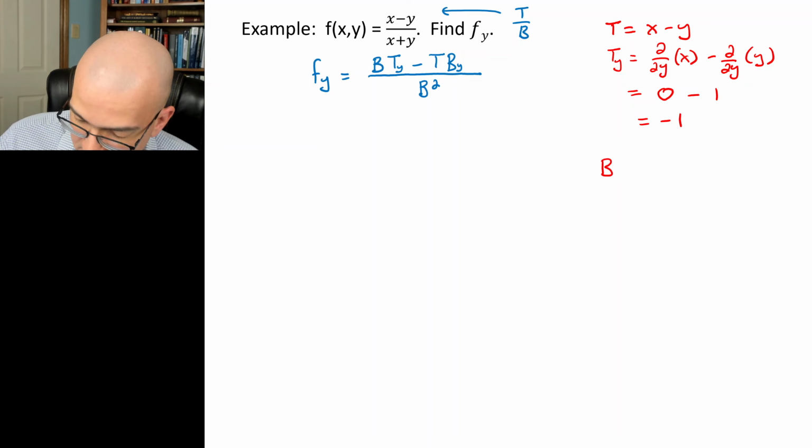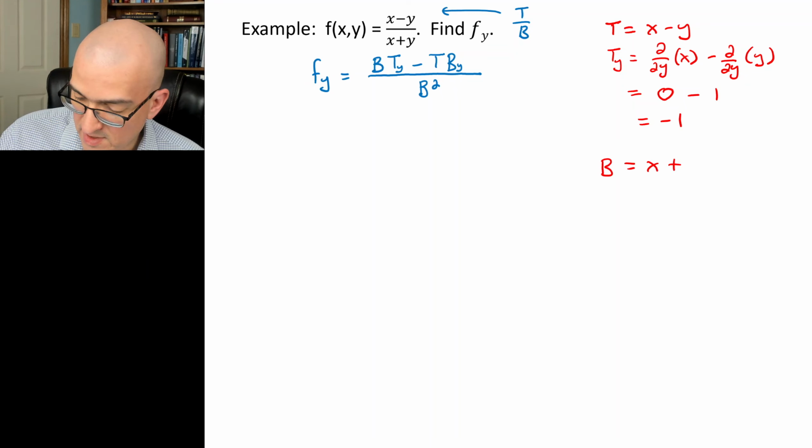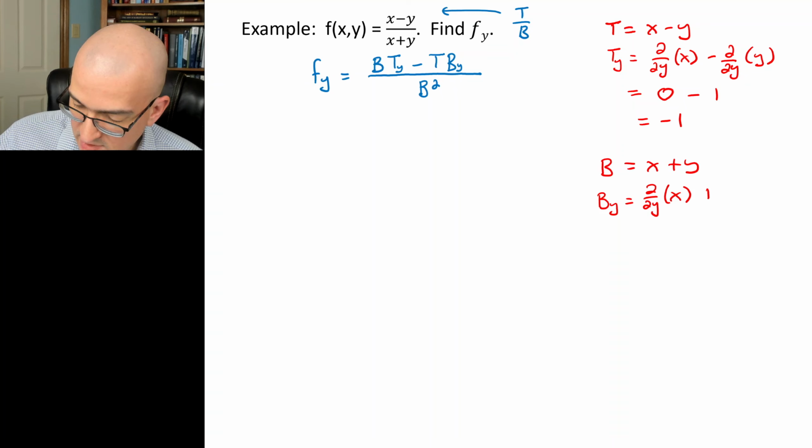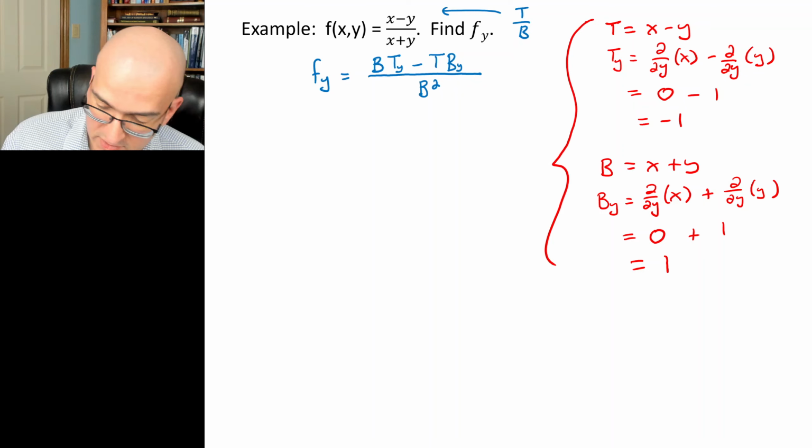And our bottom function is x plus y. So b sub y is going to be the y derivative of x plus the y derivative of y. The y derivative of x is 0. The y derivative of y is 1. So we get positive 1. And we'll plug those into our formula.